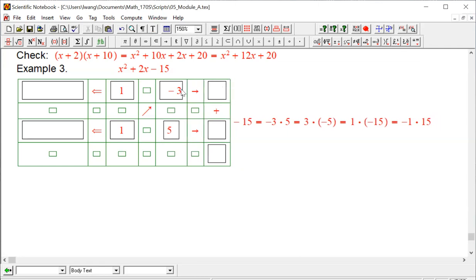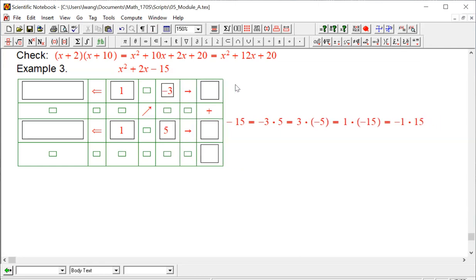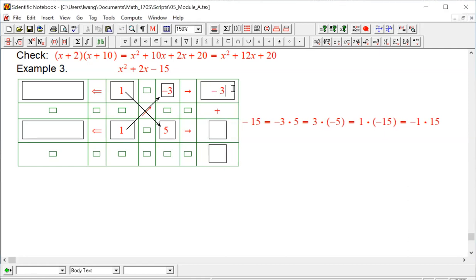Okay, and we do the cross multiplication. So 1 times negative 3 is negative 3. And 1 times 5 is 5. Negative 3 plus 5, we get positive 2.